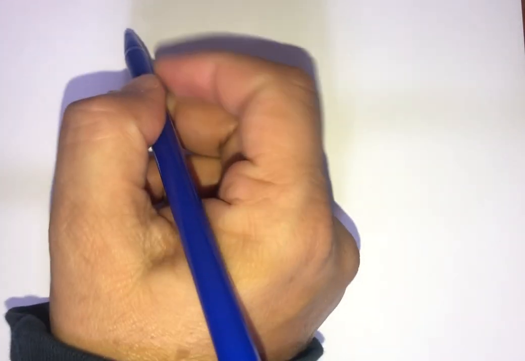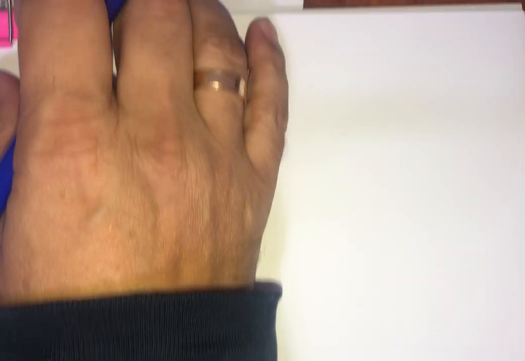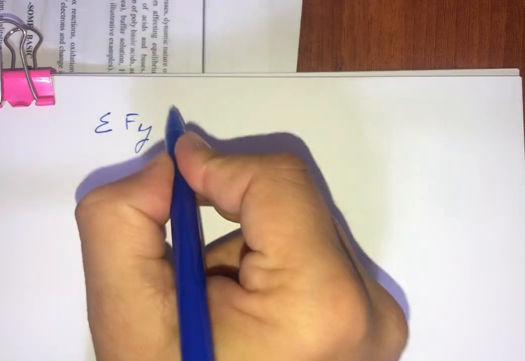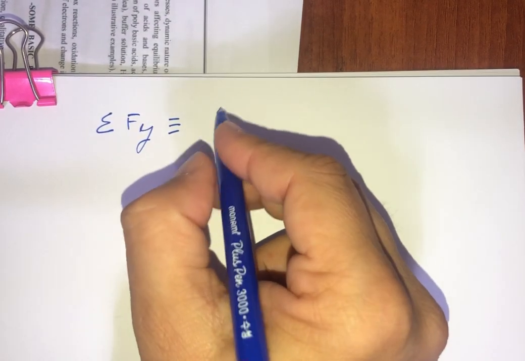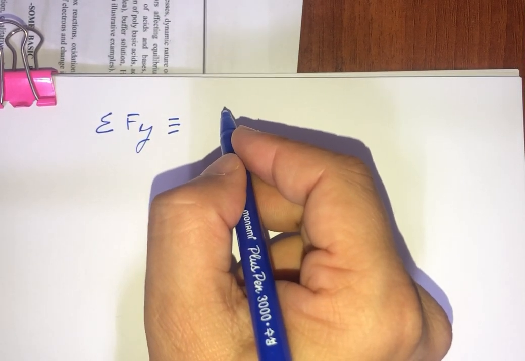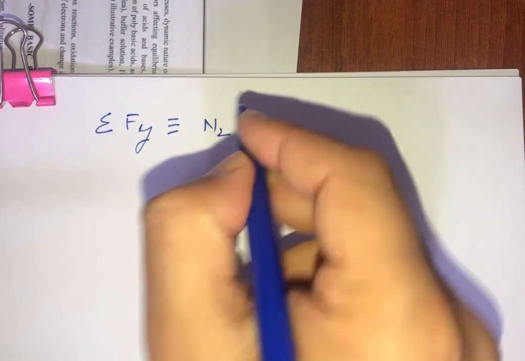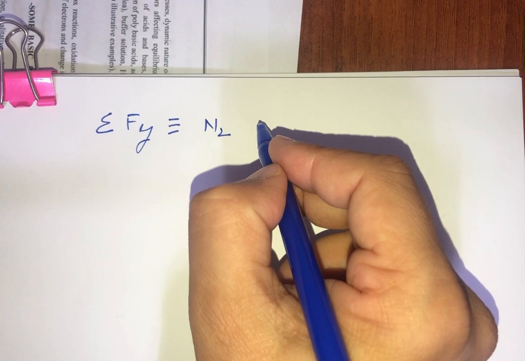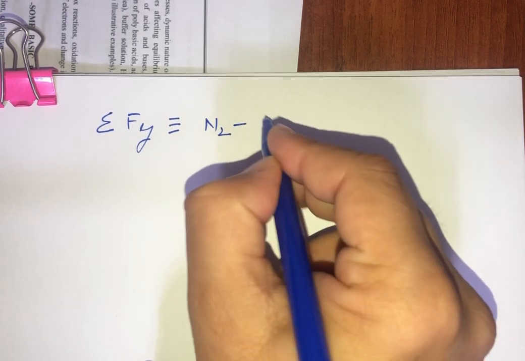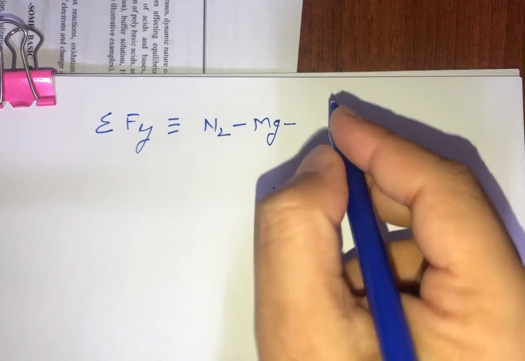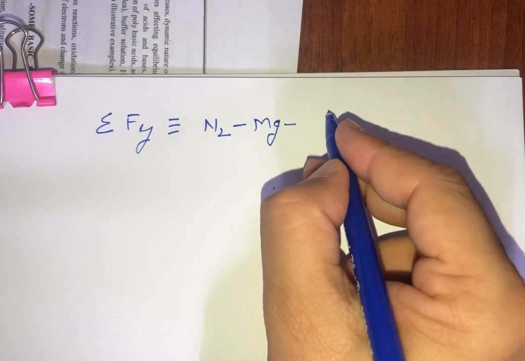And next is in y direction. Summation of F_y. This will be giving us, in y direction, we have N2 in upward, and then we have Mg in downward direction, that is capital Mg, and also we have N1 cos theta in the downward direction.